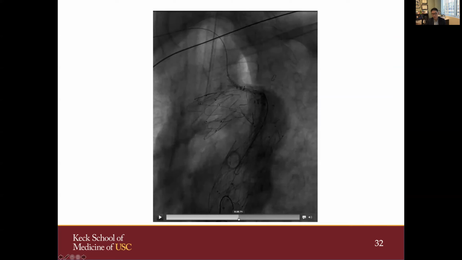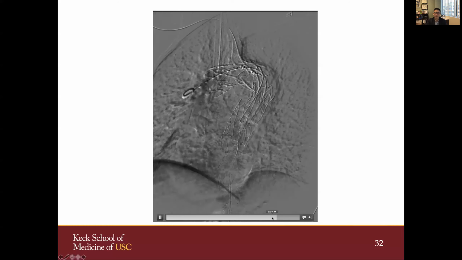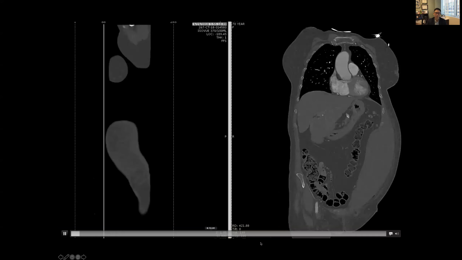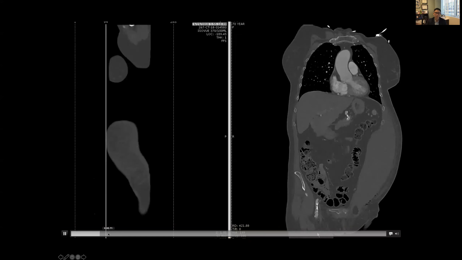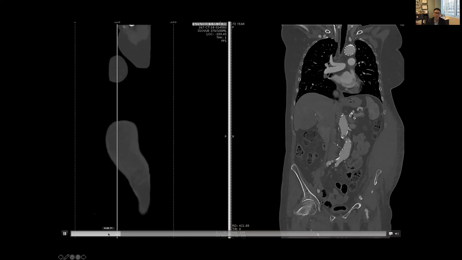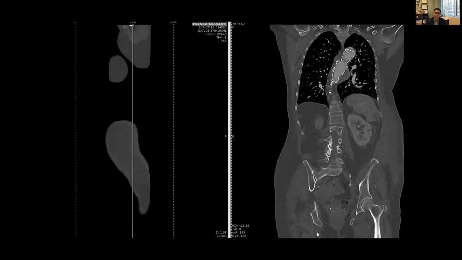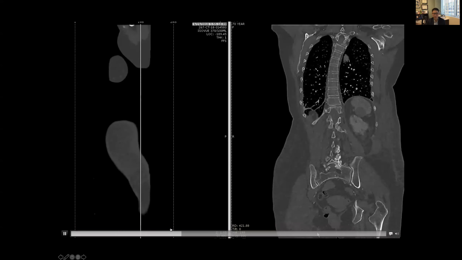The final branch component is the self-expanding Viabahn introduced from the femoral approach, similar to the TBE device. Completion angiography shown here, and a successful result. Now, this was performed in 2018, and the patient has been doing well now for 3 years.